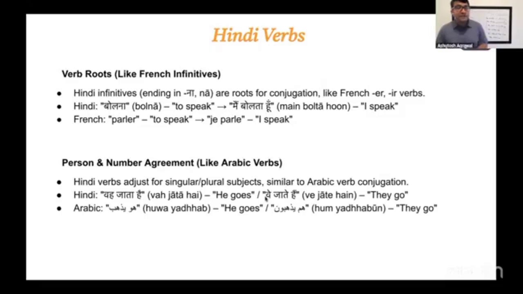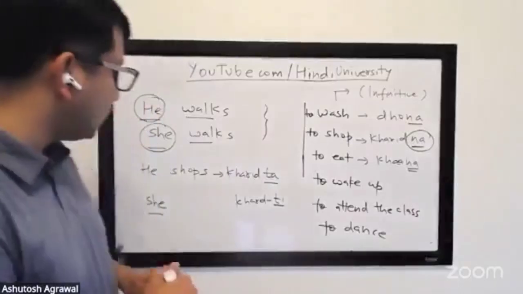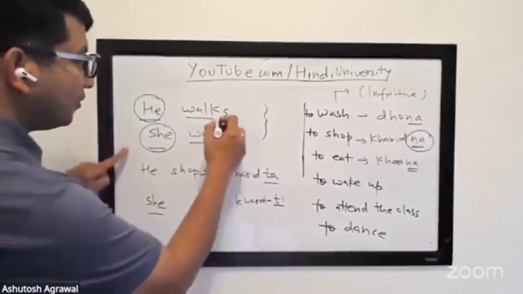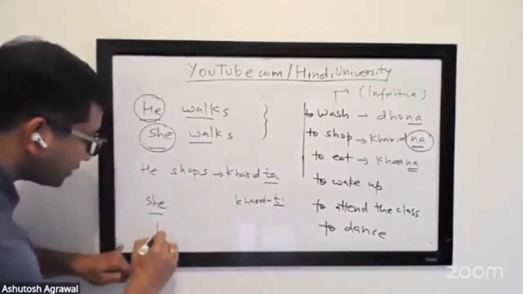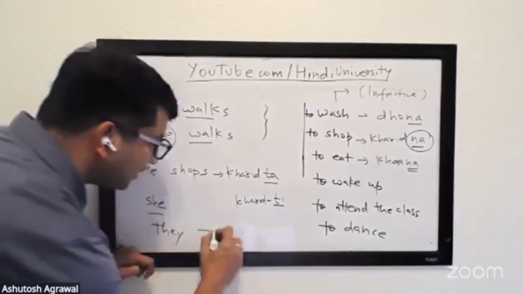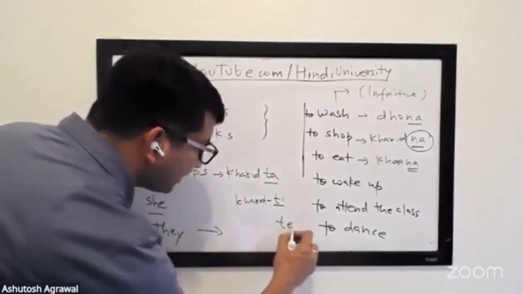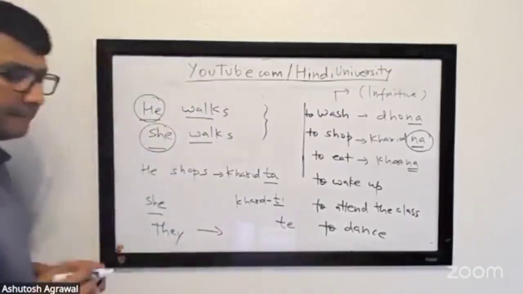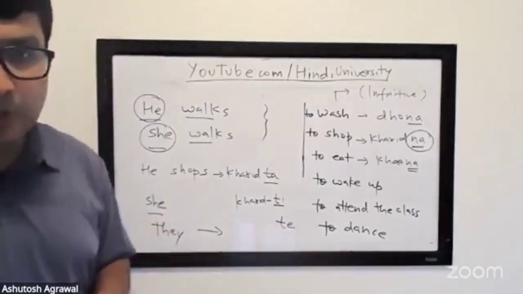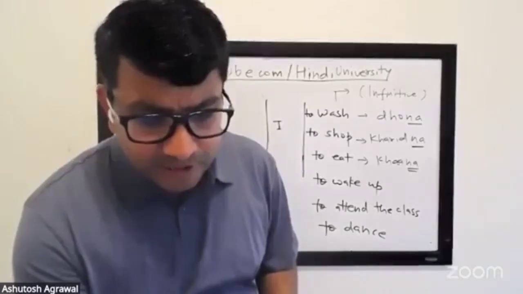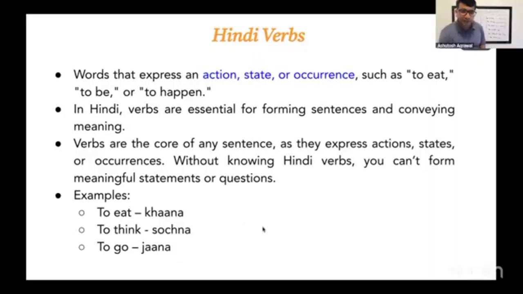You will end up saying वे जाते हैं. So just like you have kharidta and kharidti, if you are saying it for a group of people, you will change the ending to kharidte. Right? So there is an agreement with the number as well. Sometimes this can be challenging or confusing, like why it's happening, especially if you are relatively new.